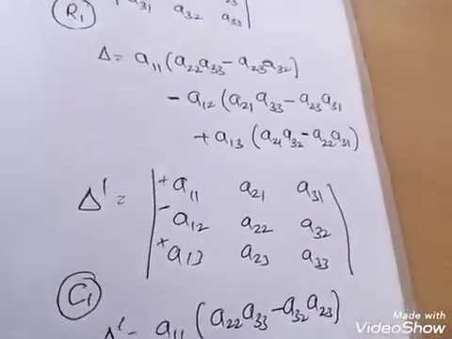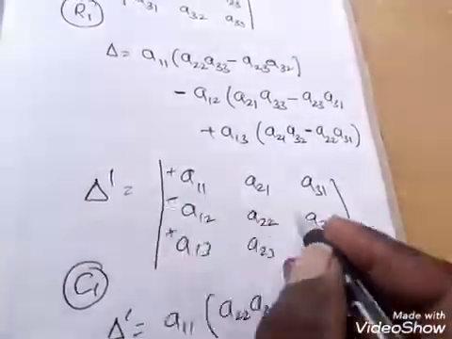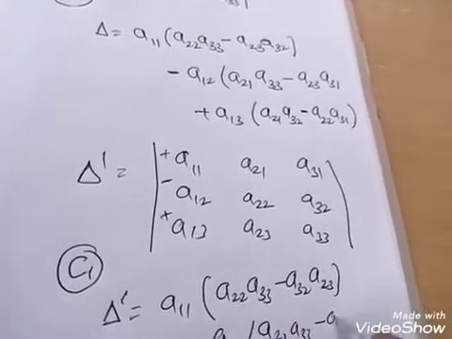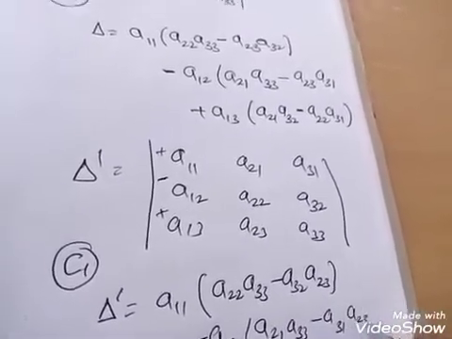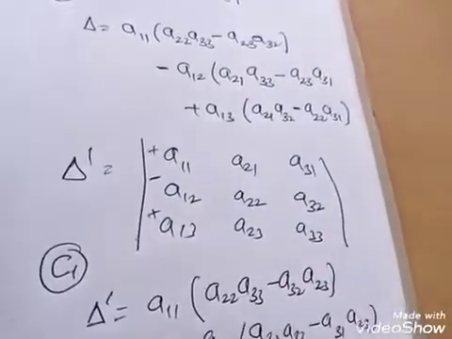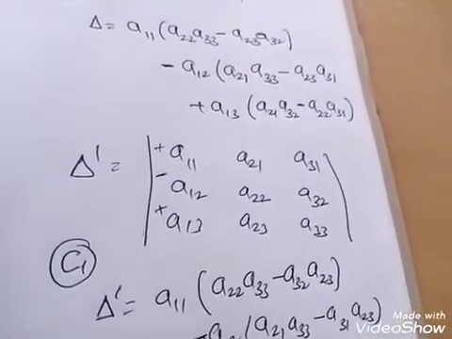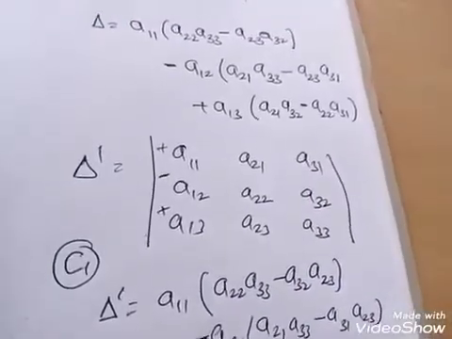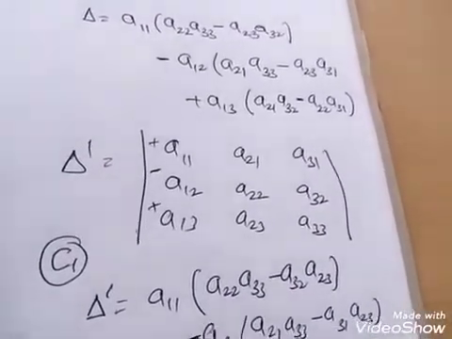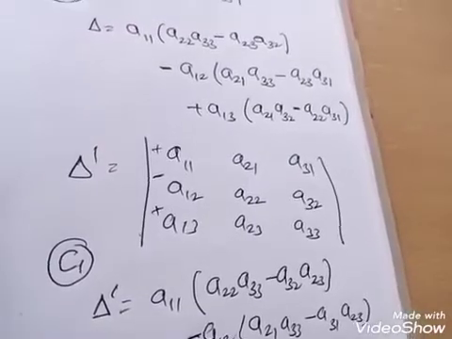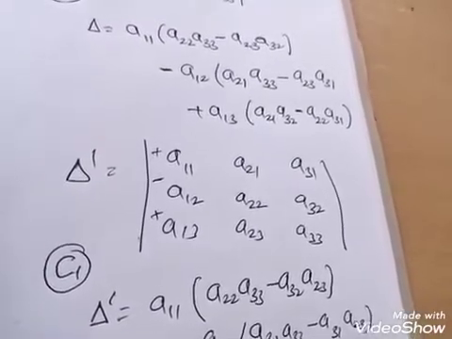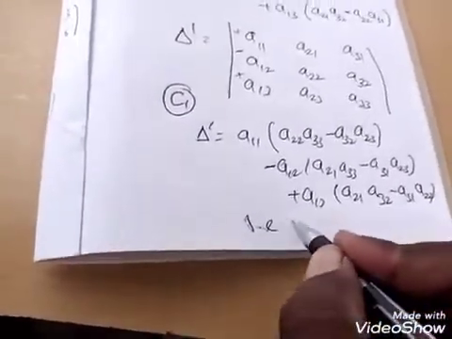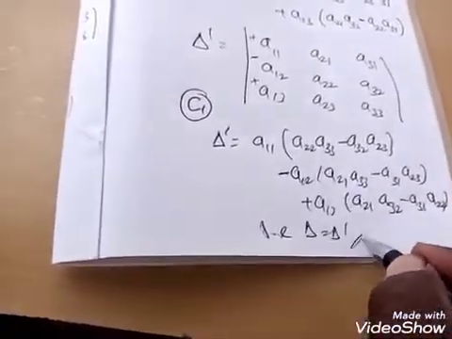Now minus A12 into, remove that row and column, A21 A33 minus A31 A23, and for A13 into, if you remove that row and column, this one only, you get A21 A32 minus A31 A22. Now observe, all are the same or not? That is delta is equal to delta dash.